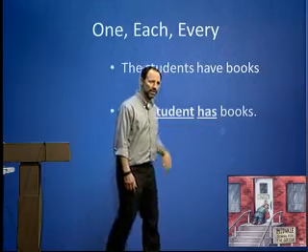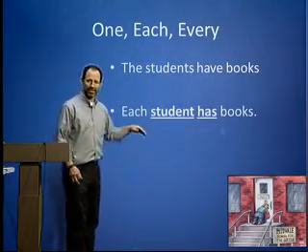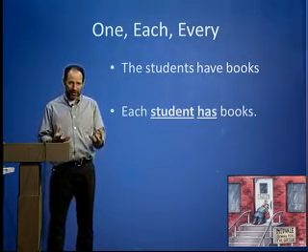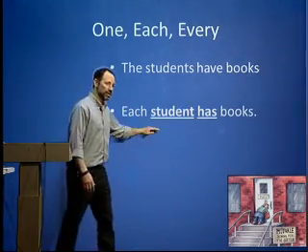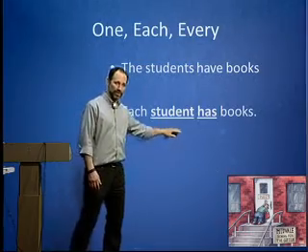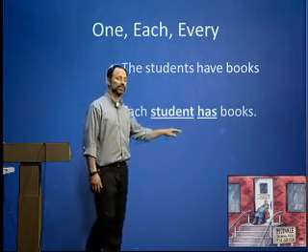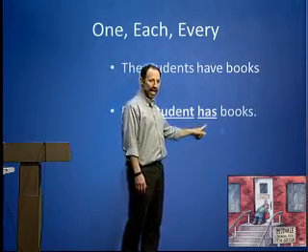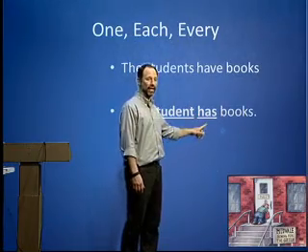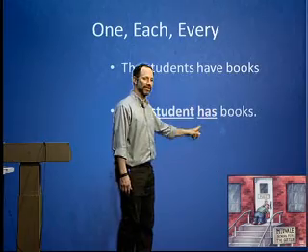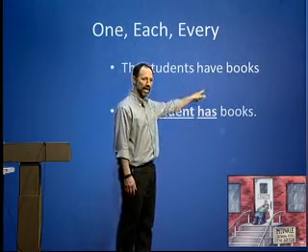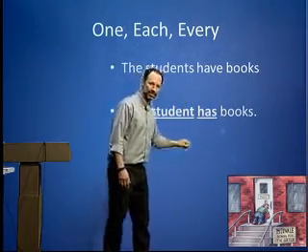So even though each student feels plural, it feels like I'm talking about more than one student, we treat it as though it's singular, or one. Each student has. Has is the third person singular form of the verb have. So students have, each student has.